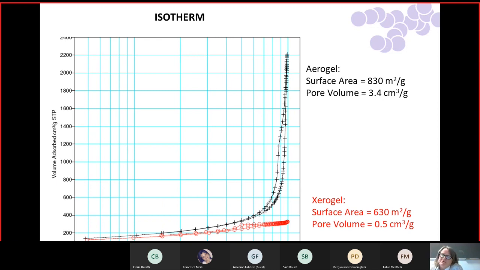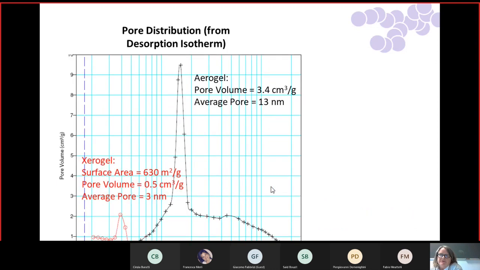So what BJH tells me is, where are the pores? And this is telling me I have a lot of pores between 10 and 20 nanometers. So that's the peak.